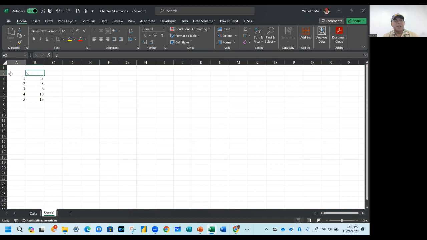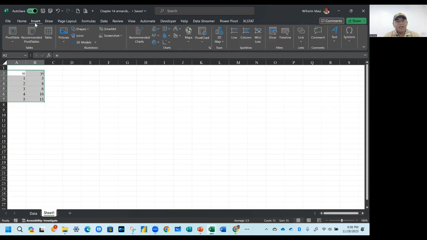I prefer to have my labels right on top of my data points, so I do it this way. Now you can decide how best to attack this problem. You can do this by just using the scatter plot, as we demonstrated earlier. So I can just select these and then I go where?